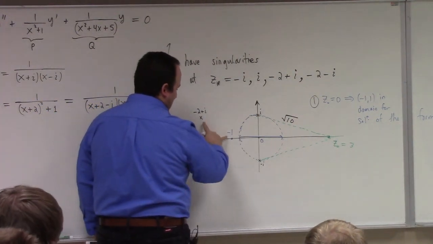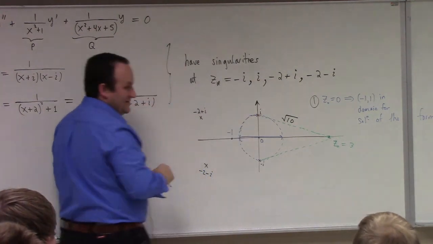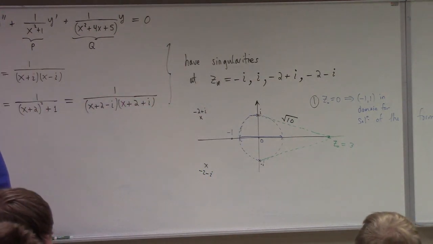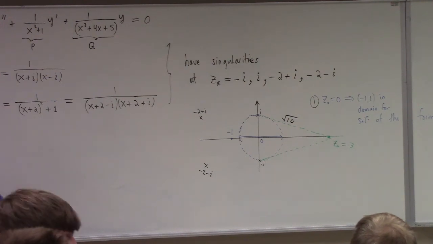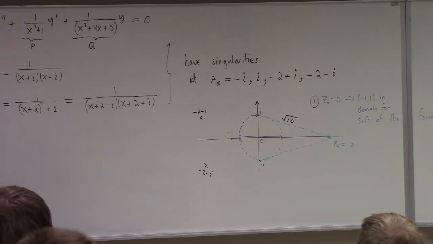My picture's not quite right there, but they're both root 2 away from the singular point, right? We're not supposed to do that in every situation. Usually I will do something like: here's a differential equation, where can you be sure the solution exists given that your solution has this form?